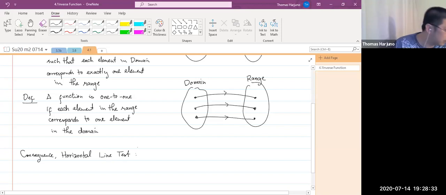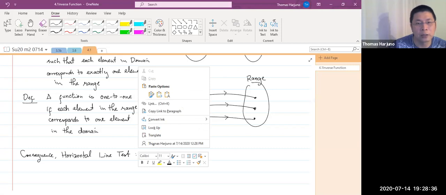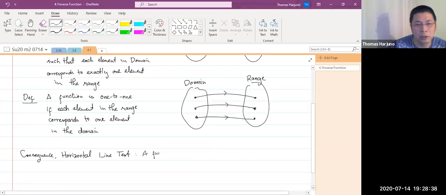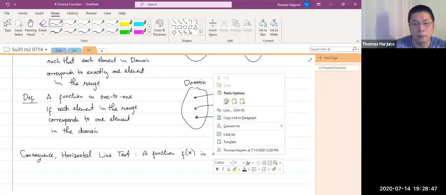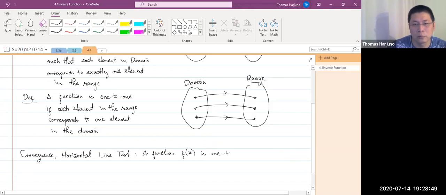That says that a function f(x) is one-to-one if the graph satisfies the horizontal line test.